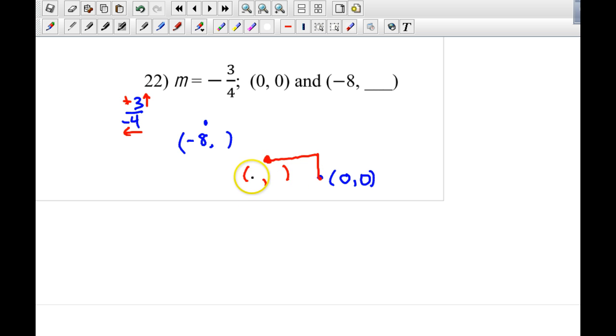-4 and 3. If I went up 3 from 0, the y is now 3. And if you're at 0 and you go left 4, you'll be at negative 4. And then just do that again.